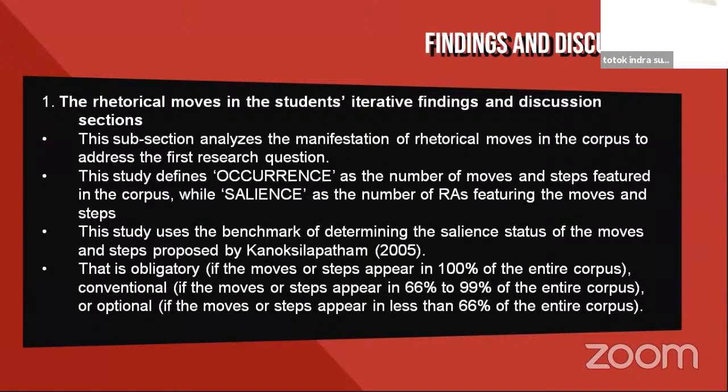And the last is optional, if the move or step appears in less than 60% of the entire corpus. So if the students use the move and step in less than 60% of the corpus, we call this optional. After this, we will see whether move 1 belongs to obligatory, move 2 to conventional, or move 3 to optional.